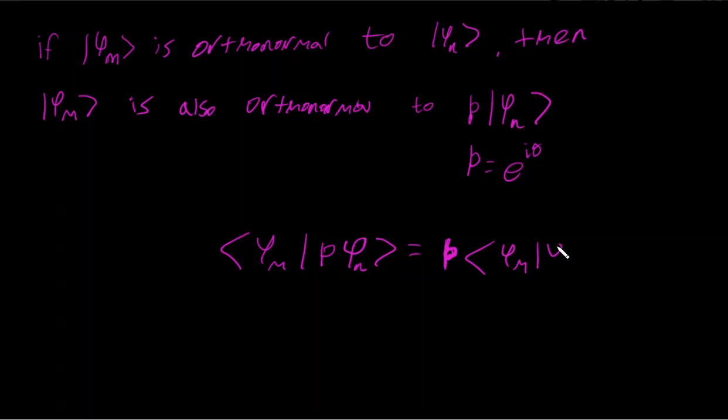So, right, you can take the phase out, phi m phi n, which is equal to 0, assuming phi m and phi n are orthonormal.